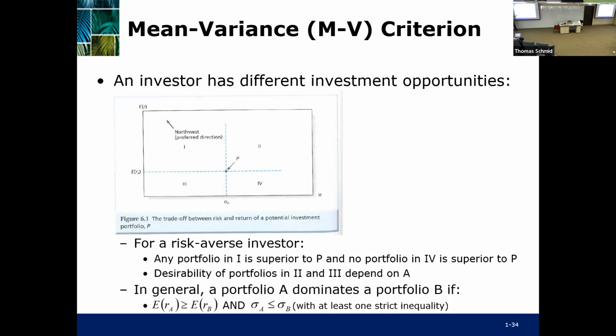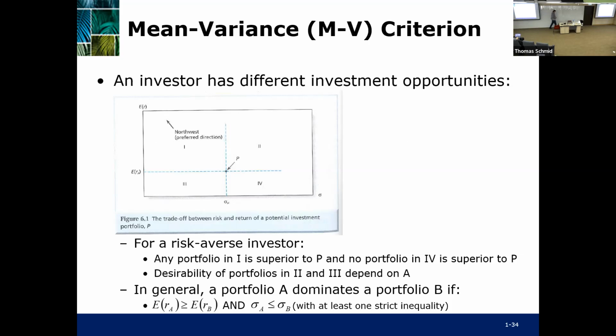Right? How about area 3? Same thing, right? We get lower risk, but also lower expected return. And area 4 is pretty clear again. Area 4 is bad, because we get higher risk or lower expected return. Okay?